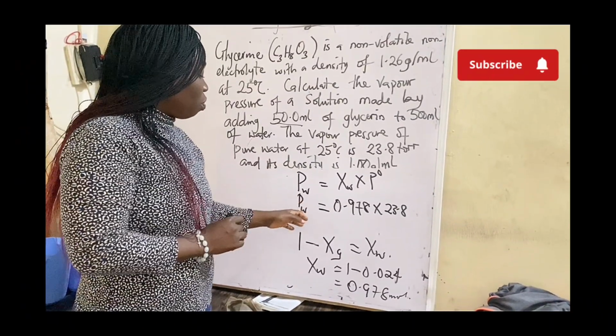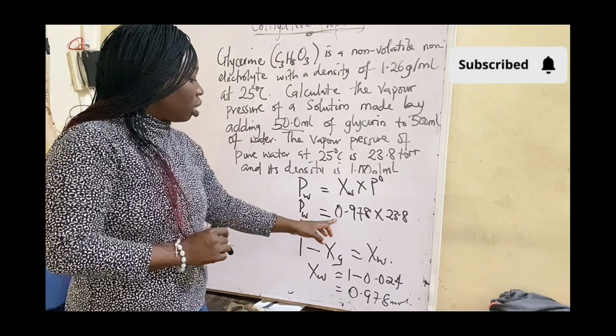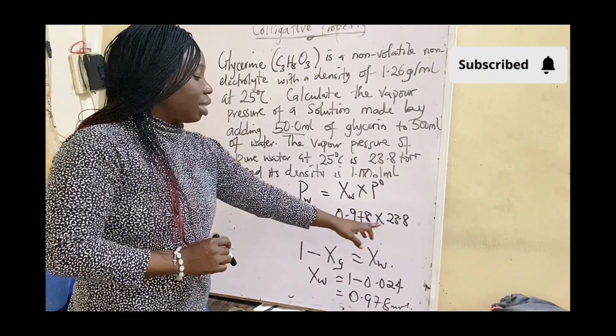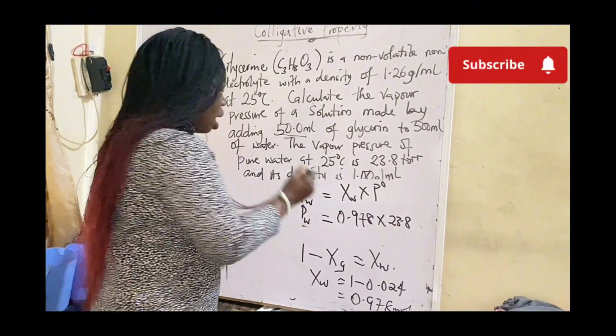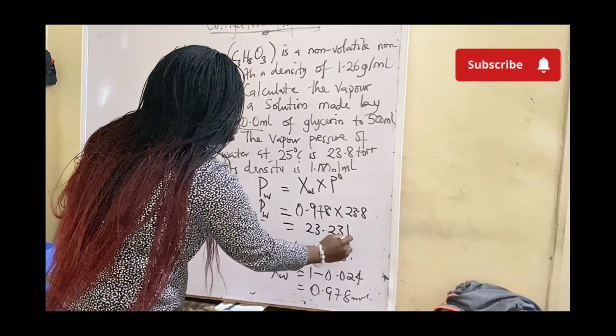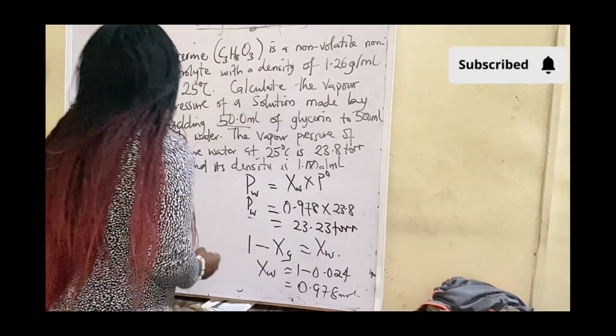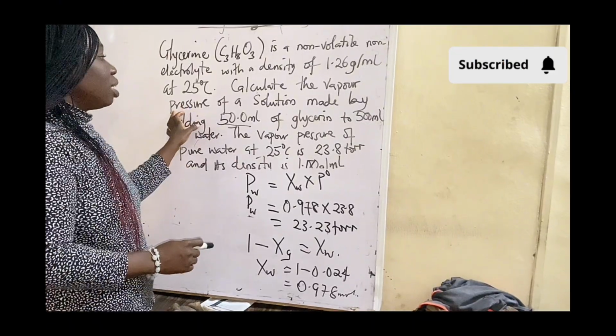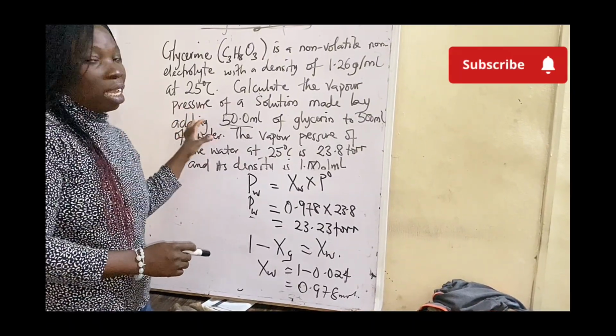When we do that, PW becomes 0.978 times 23.8, and that will give us 23.23 torr. So that is the vapor pressure of water that the question asks us to calculate.